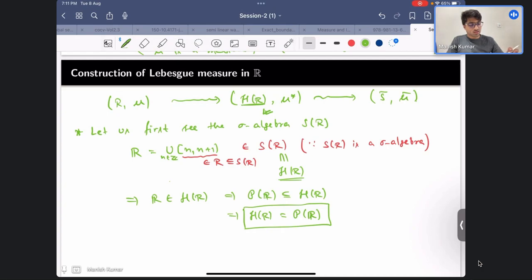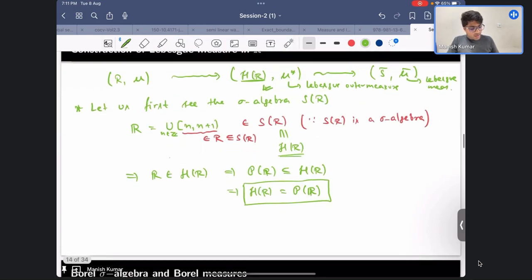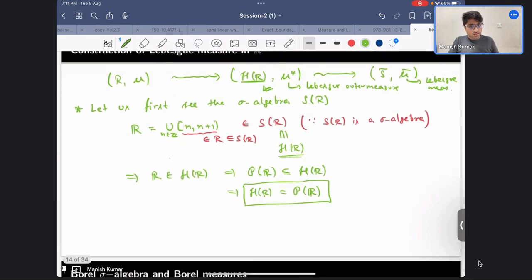The outer measure can be defined for any subset of real numbers. This will be called Lebesgue outer measure, and this will be called Lebesgue measure. So what it says is that for any subset of real numbers R, we can define an outer measure.